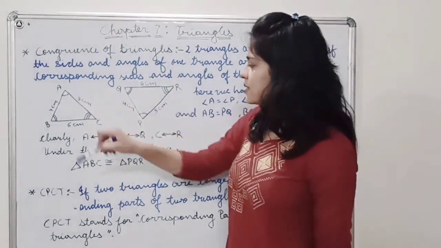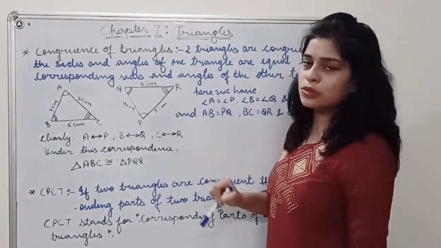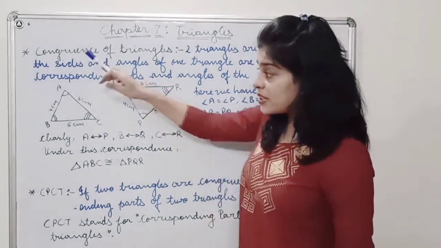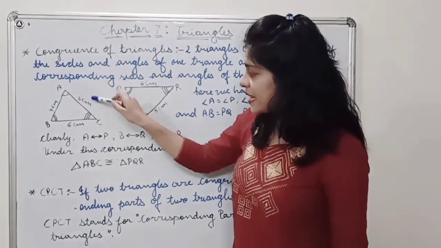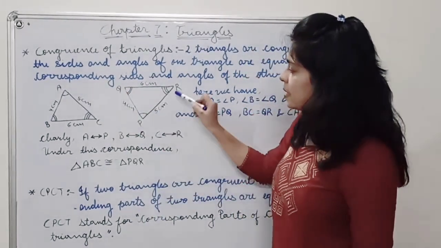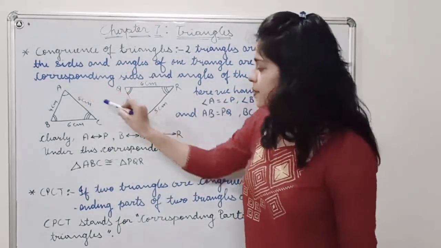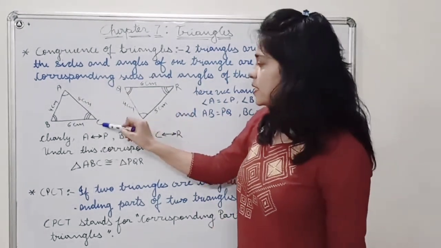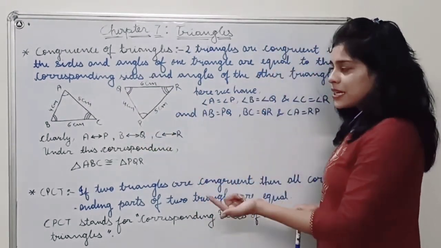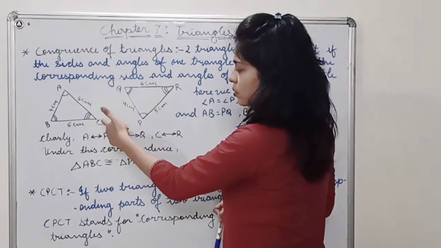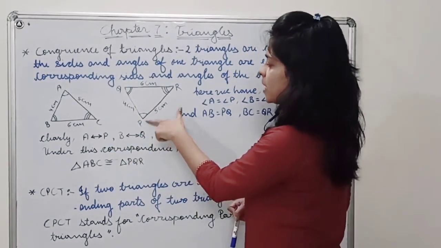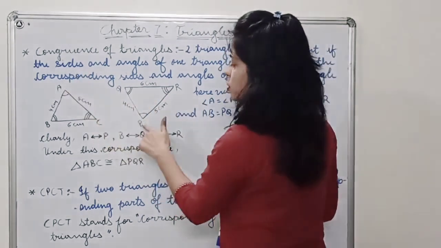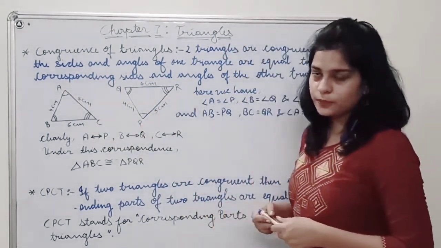So CA is equal to RP, equal to 5 cm. And if I am naming the side as AC, then under this correspondence AC is equal to PR. Why? Because A is corresponding to P and C is corresponding to R. Firstly I am writing A then C, so under this correspondence the side of the other triangle will be PR. So AC equals PR equals 5 cm.